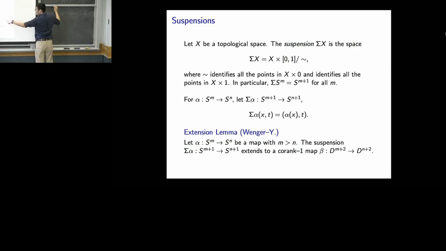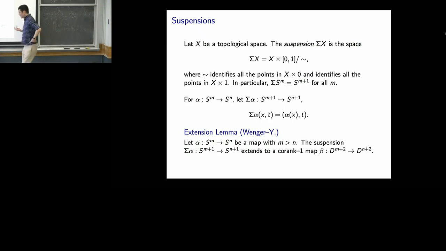Well, we want the boundary to be the suspension of alpha, so that F restricted to the boundary of Q is the suspension of alpha. And then in order to do this rescaling construction, we want the restriction of the map to the boundary of one of these small cubes to be essentially the same thing. We want F restricted to the boundary of qi to be a rescaling of the suspension of alpha.